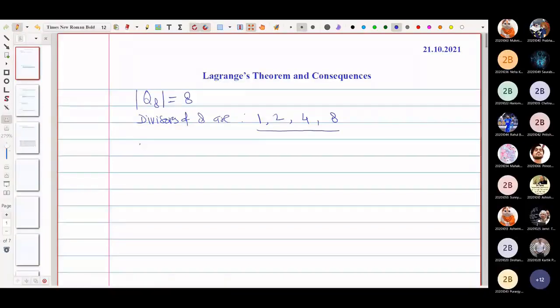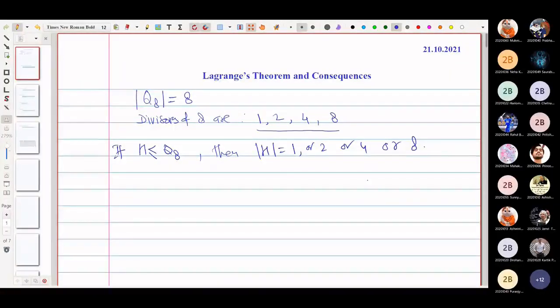If H is a subgroup of Q8, then H may have order 1, 2, 4, or 8.